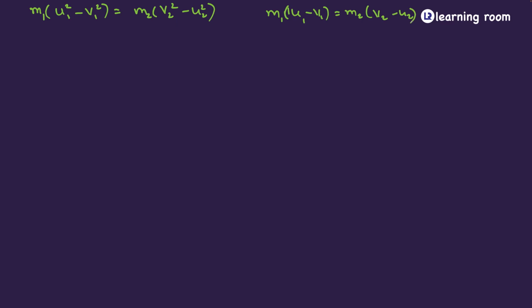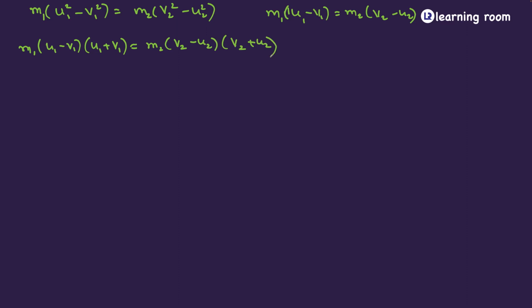Am I right? Now I'll write this as m1 into (u1 minus v1) into (u1 plus v1) is equal to m2 into (v2 minus u2) into (v2 plus u2).